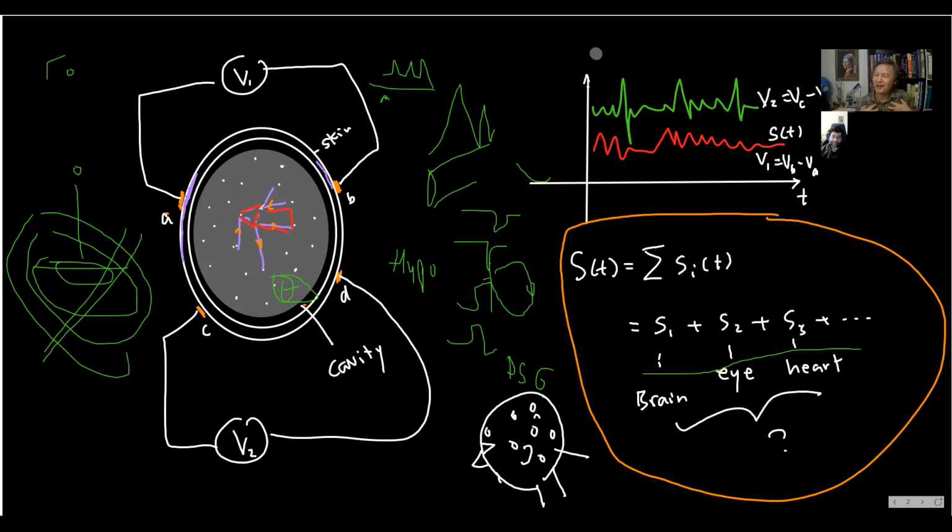How do we pick up the electrical signal, particularly from the heart? In the EEG, we use some electrodes on the body, and the heart yields artifact that we detect.